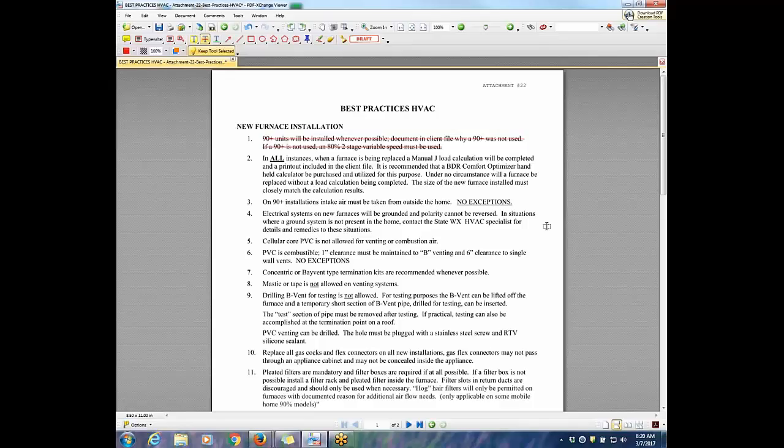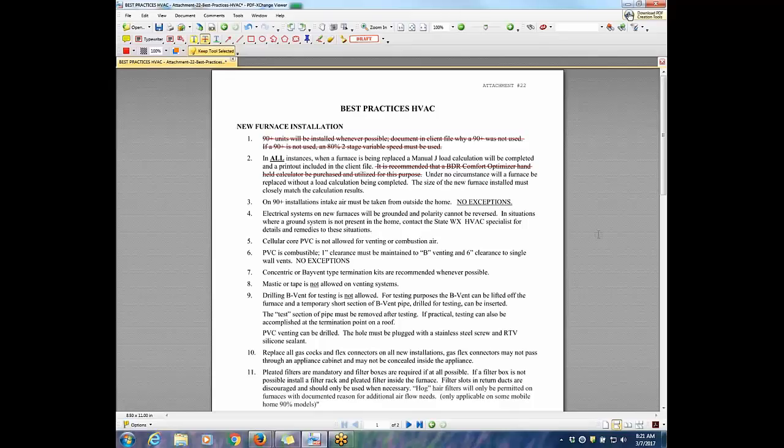All right, and then I had a question that came up. I was talking with an auditor a couple of weeks ago, and they had an instance where they replaced a furnace under crisis, and they didn't size it properly.